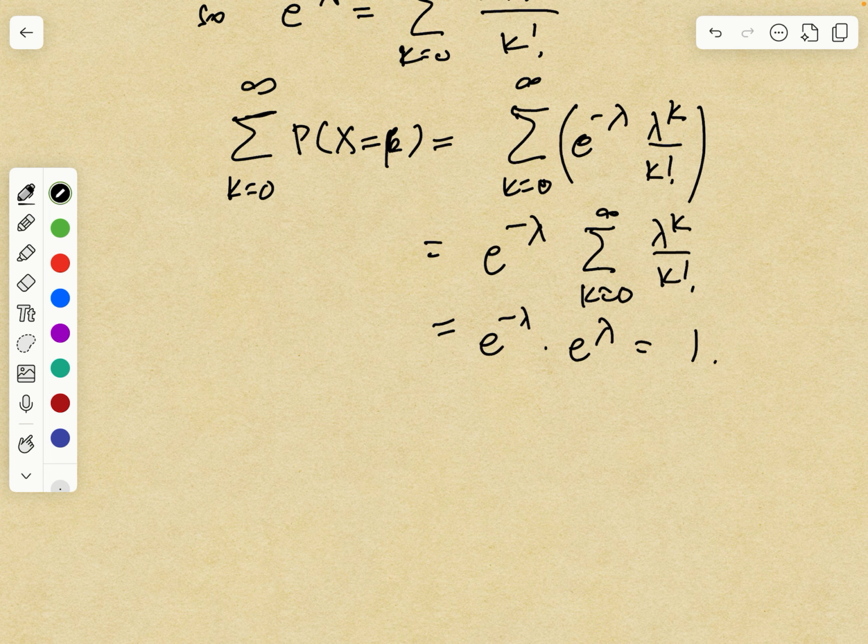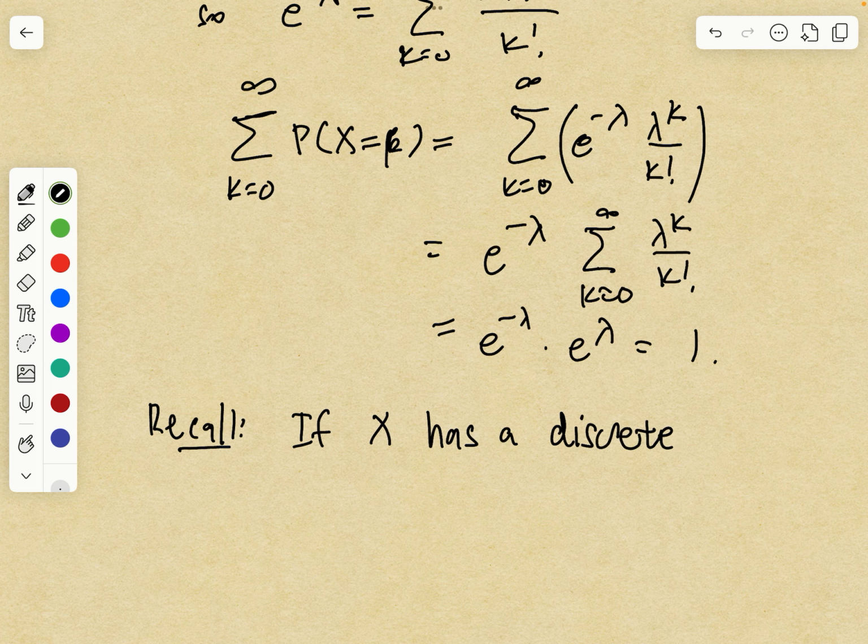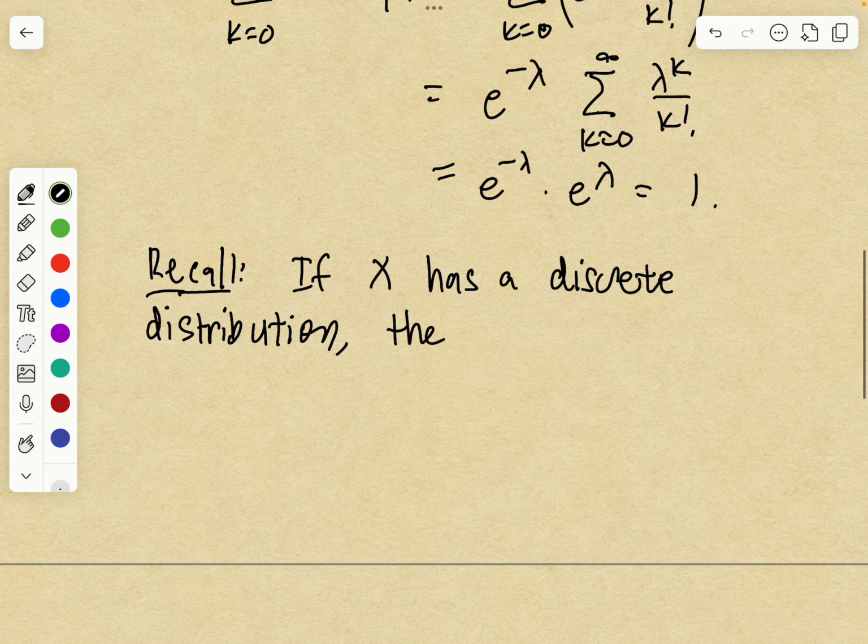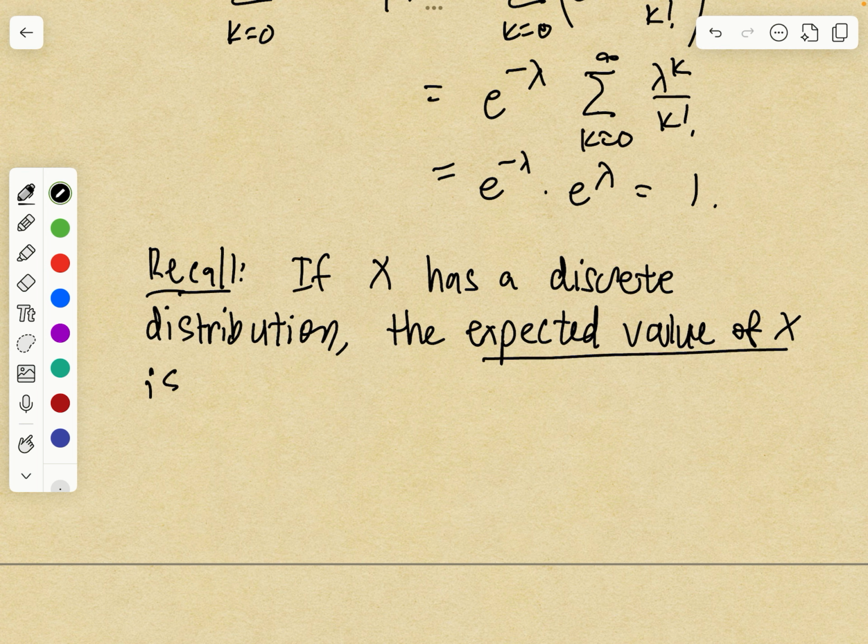So if X has a discrete distribution, then the expected value of X is defined to be the sum over all x of x times the probability that capital X is little x.